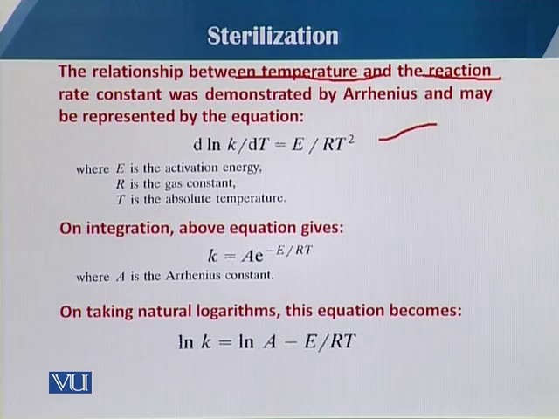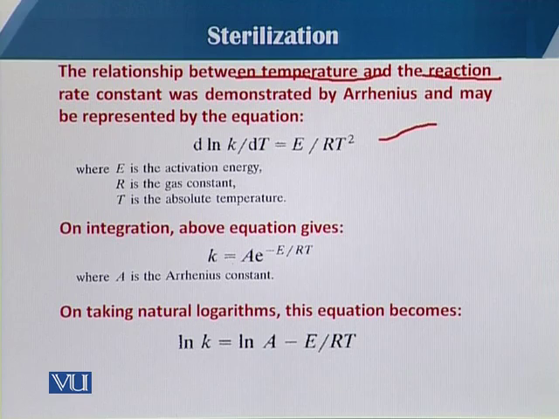The relationship of rate of reaction, death rate and temperature can be easily demonstrated by the Arrhenius equation: d ln K over dT is equal to E over RT squared. Here E is the activation energy, R is the gas constant, and T is the absolute temperature.